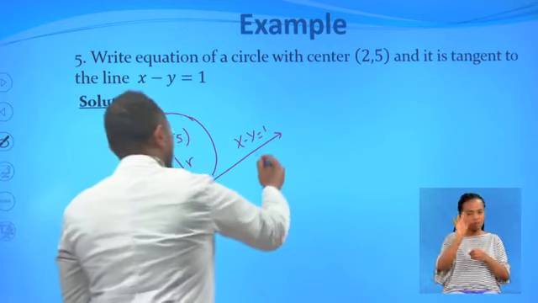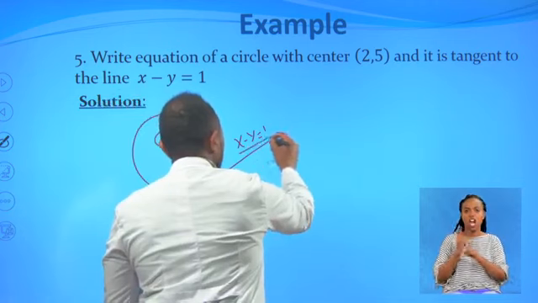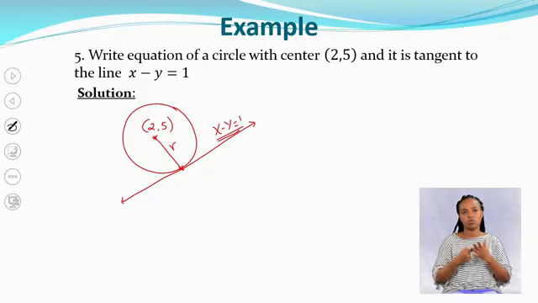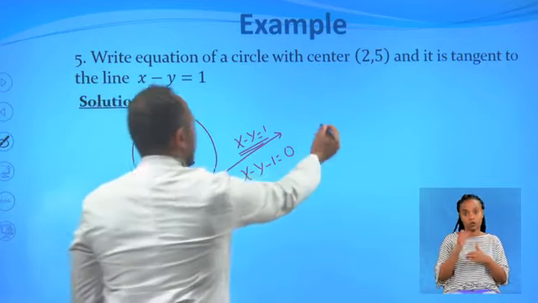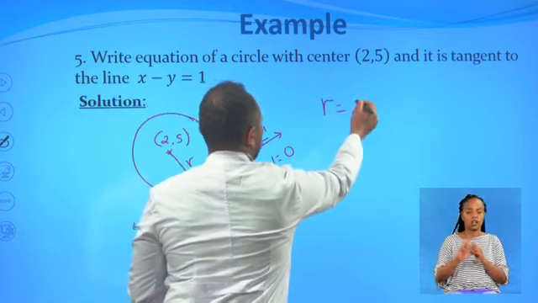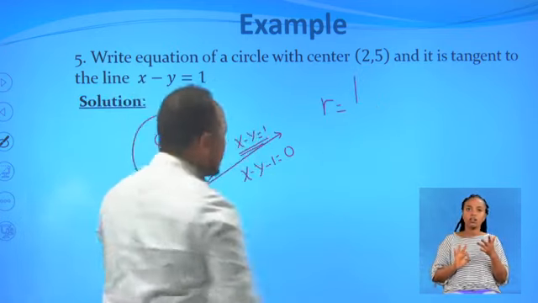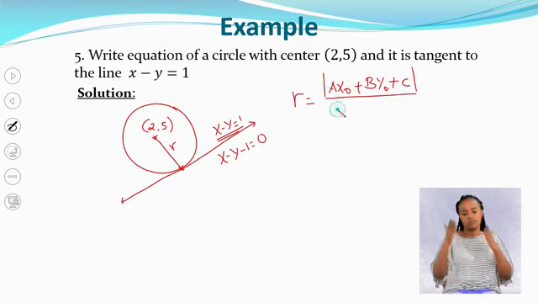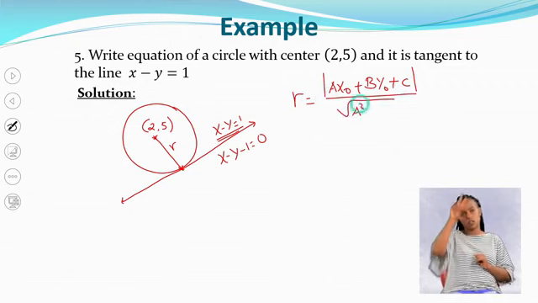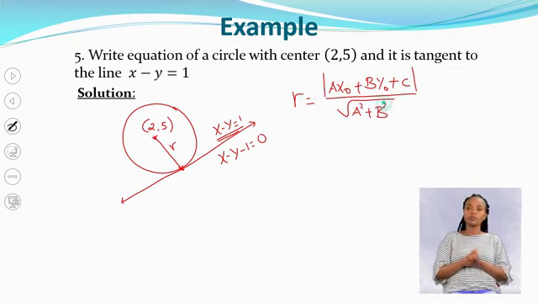But I need to rearrange this equation in standard form. So you can write x minus y minus 1 equals 0. After this, you can find the radius. r is equal to, using the formula, the absolute value of a x naught plus b y naught plus c, over the square root of a squared plus b squared.